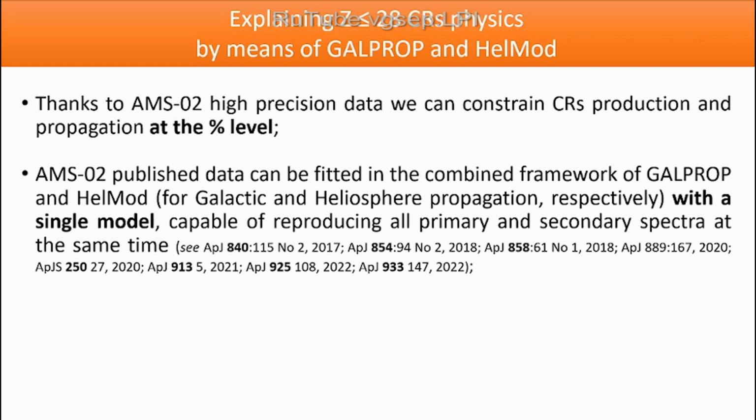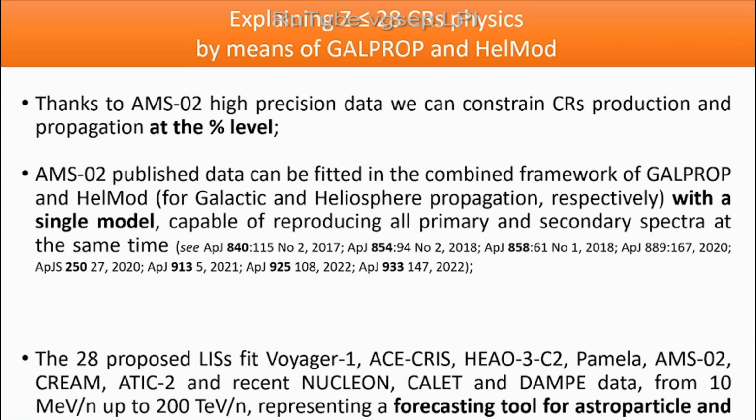GALPROP is for galactic propagation, whereas HELMOD is a realistic framework for heliosphere propagation. And this can be done using a single model, which is capable of reproducing all primary and secondary spectra at the same time. You can see the references if you are interested.